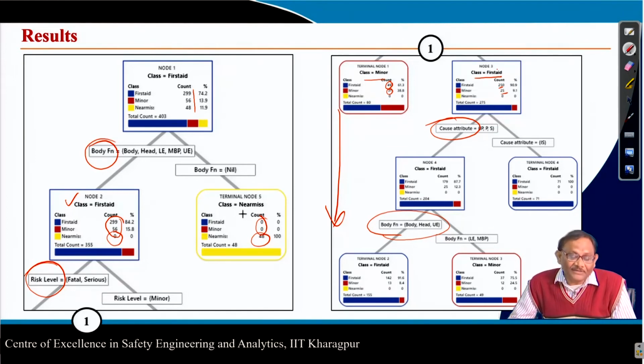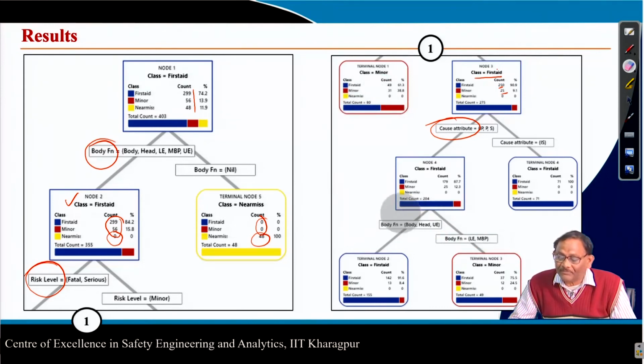There are, I think, a few more variables which are not taking part in this particular development, because in the first split the body part comes into the picture. In the second split risk level comes into the picture. In the third split the causal attribute comes into the picture. Then in the fourth split, again body part comes, and here we stop. Now the stopping criteria depends on how you ask the algorithm.